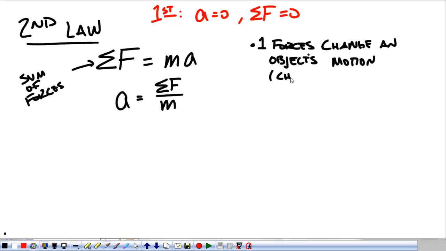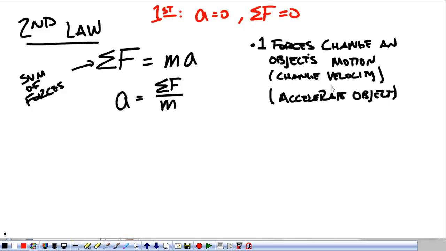Or change the velocity, or accelerate the object. 2, more net force gives more acceleration.